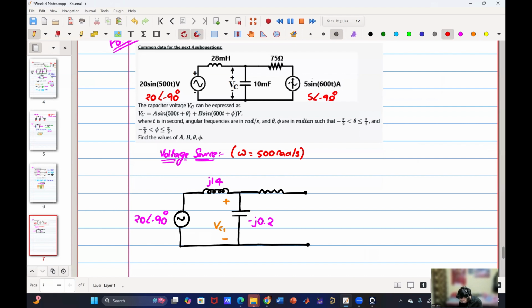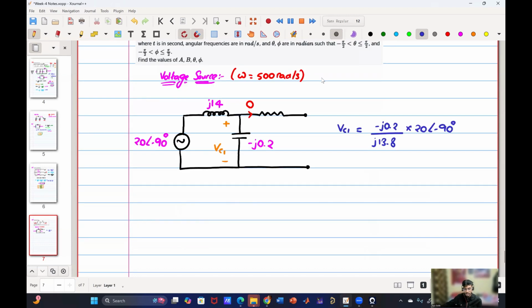Note there will not be any current flowing in this part because it is open circuit. So now what is VC1, everybody? Minus j0.2 by j13.8 into 20 angle minus 90 degrees. Agree everyone?